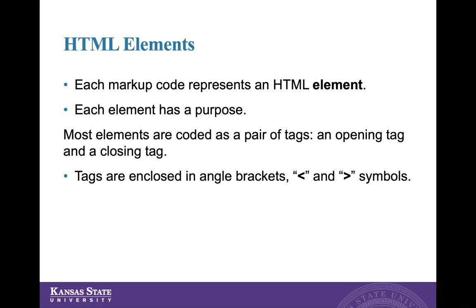Most of those elements are coded as a pair of what we call tags. So there's an opening tag and a closing tag. And when we're typing the code, we use those with angle brackets. Okay, so they look like greater than, less than signs. Those are on the keyboard, right to the right side of the letter M. And all these elements we'll put inside these angle brackets.